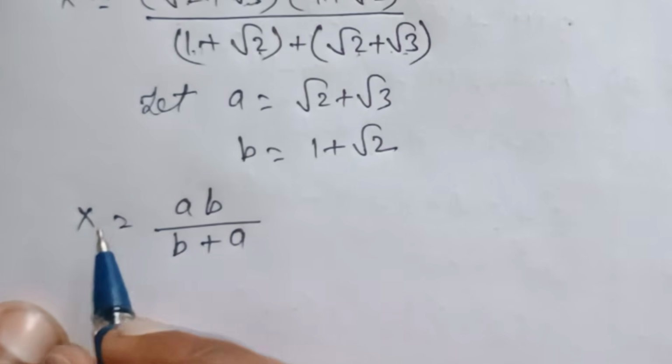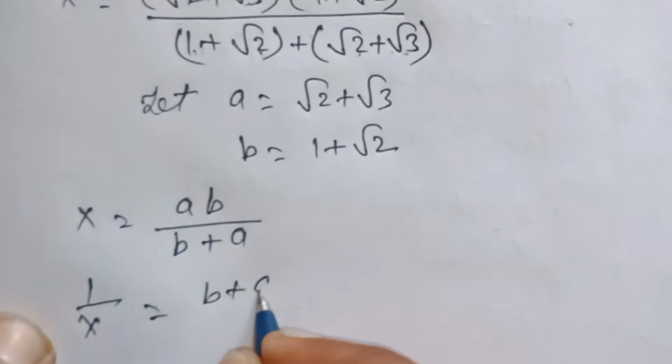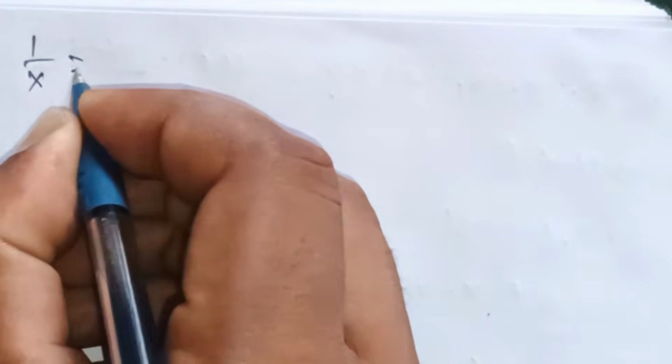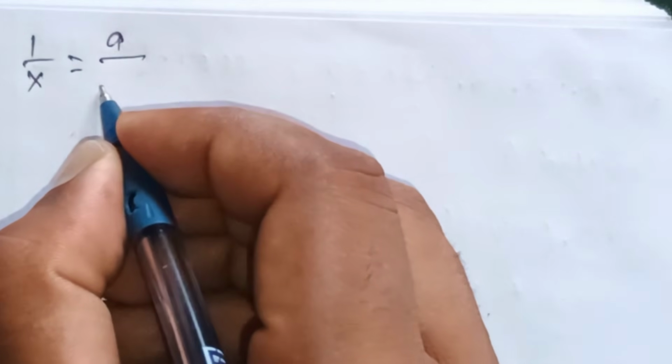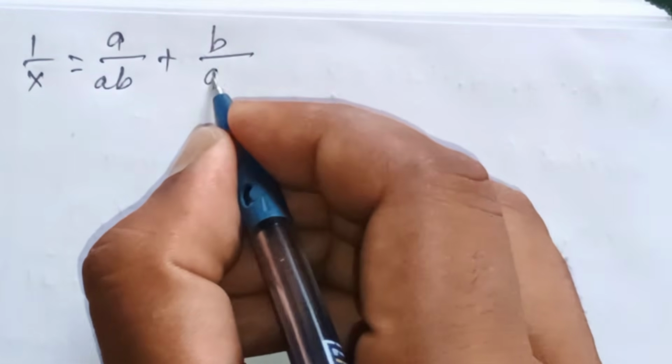So taking the reciprocal of x, 1 divided by x is equal to b plus a divided by ab. After that, 1 divided by x is equal to a divided by ab plus b divided by ab.